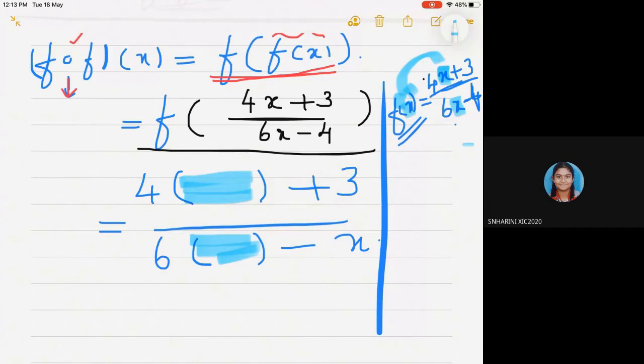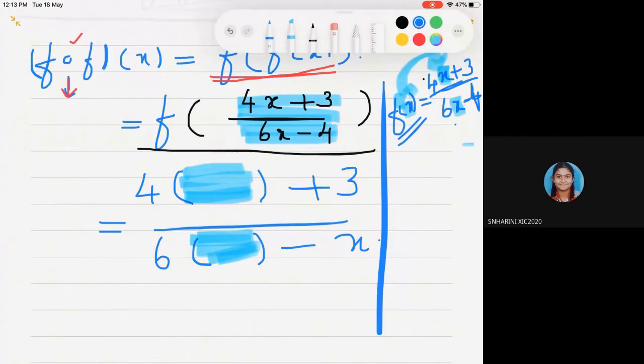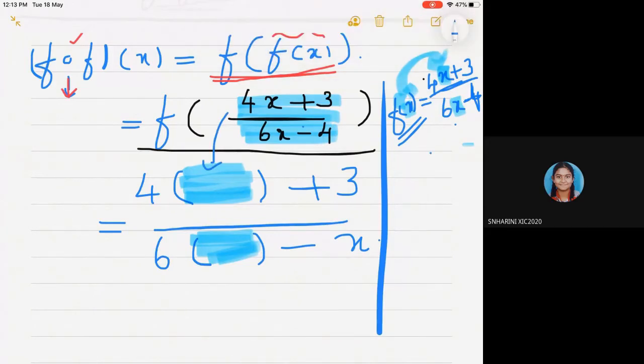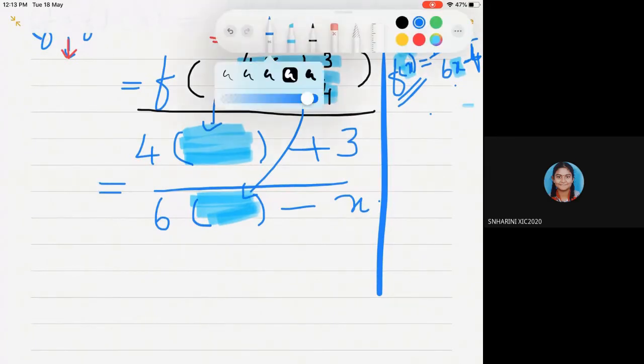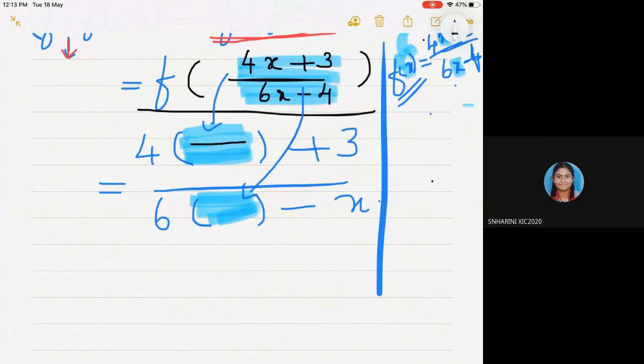This is for x. So in this highlighted portion, what will come? Whatever is inside this f of x will come to this place. So that expression becomes, here you will write 4x plus 3 by 6x minus 4, and here also we'll write 4x plus 3 by 6x minus 4.